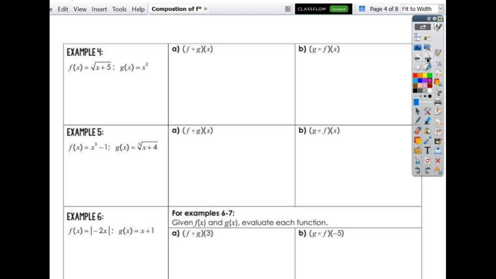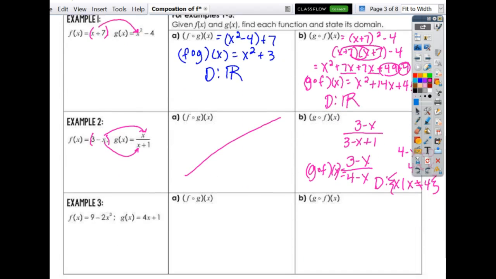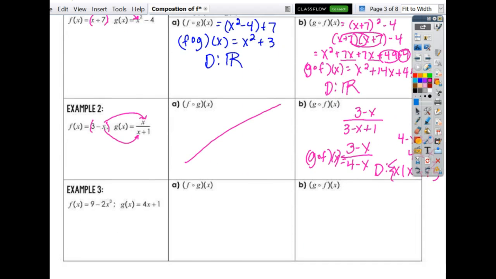Let's go to the back. So on the last one, it's because I was dividing. So anytime you're dividing, the bottom can't be 0. And the other time we have to restrict is with the square root, right?